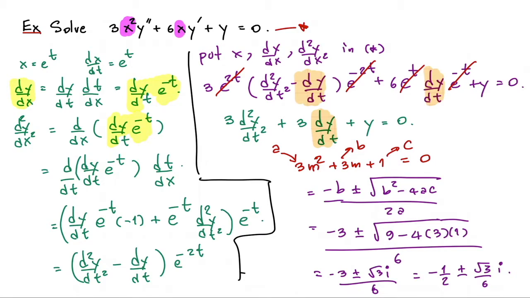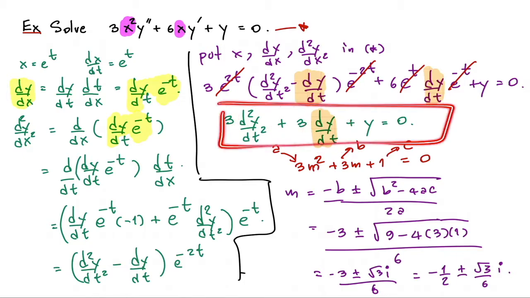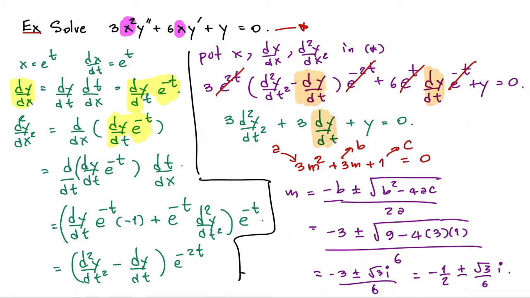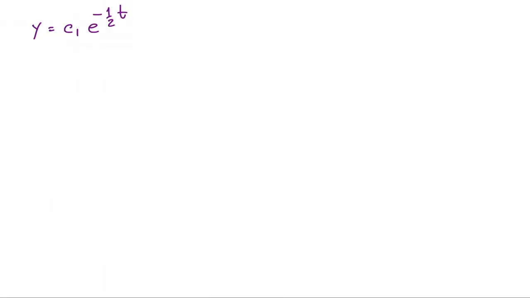I should write m. Right now it's not x because it's the derivative of y by t. So the solution here, there is no x. It's dy by dt, so your solution for this equation must be in terms of t. So you have c1 e to the minus 1/2 t, and after that you have c1.